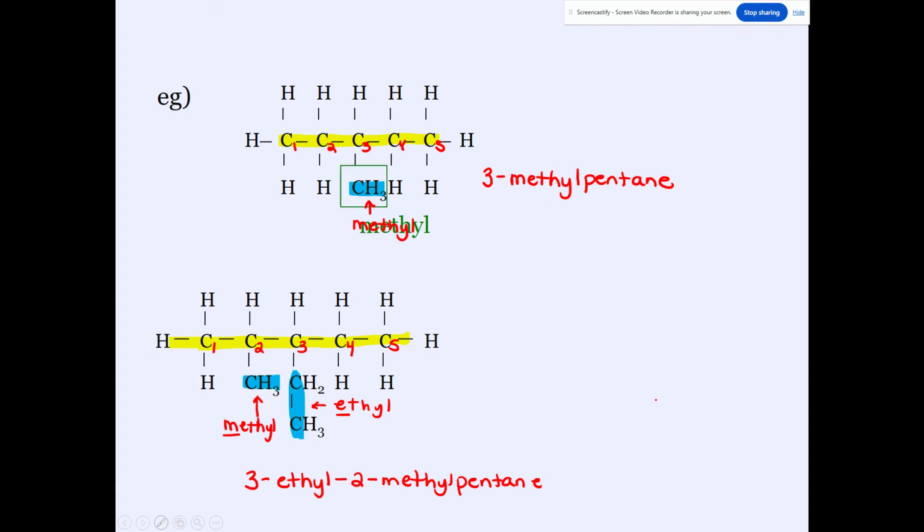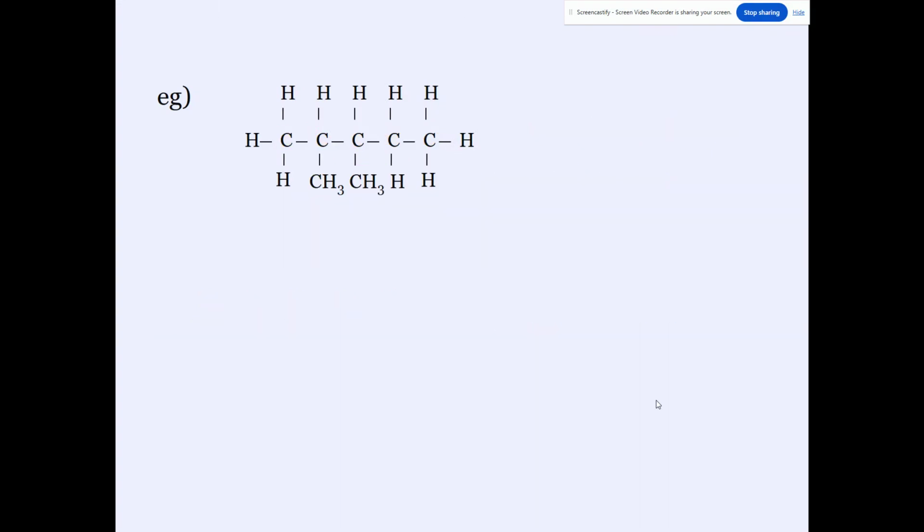Let's look at an example where we have 2 branches that are the same branch. If going straight across gives you the longest parent, that's usually what I do. If I were to bend down and zigzag, I would still get the longest being 5 carbons. 1, 2, 3, 4, 5.